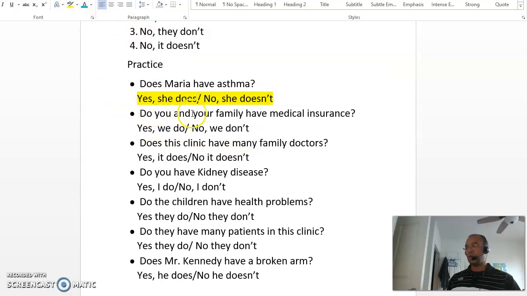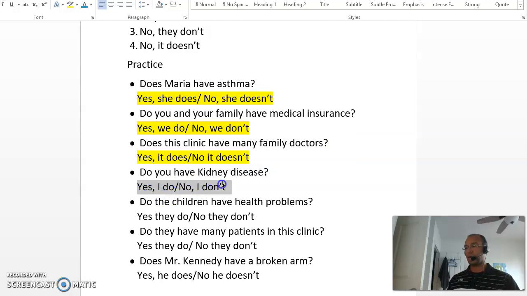Do you and your family have medical insurance? You can say yes, we do. No, we don't. Does this clinic have many family doctors? Yes, it does. No, it doesn't. Do you have kidney disease? Yes, I do.